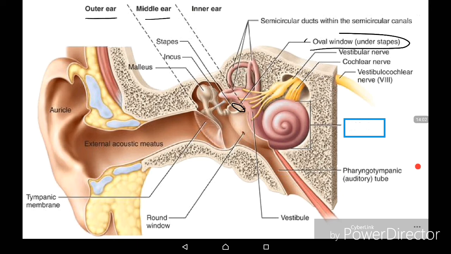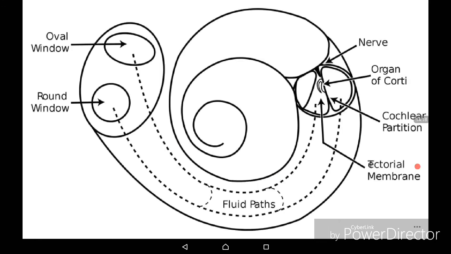Here we have in the center the oval window, and this oval window produces oscillations of the fluid in the cochlea.